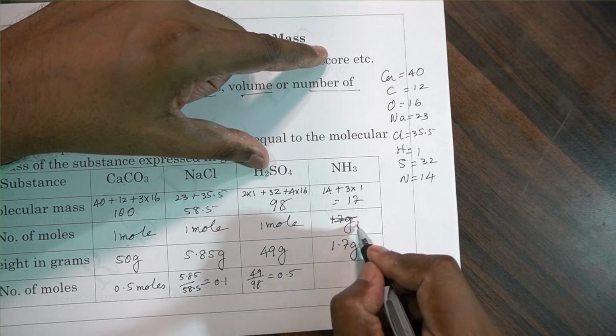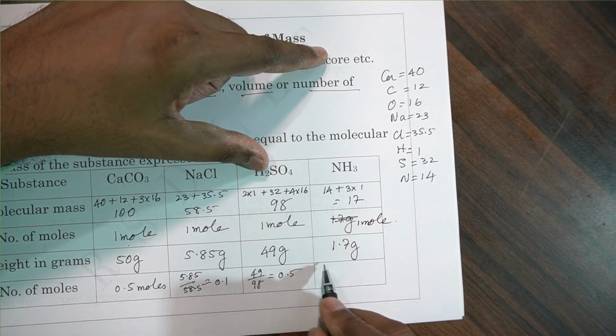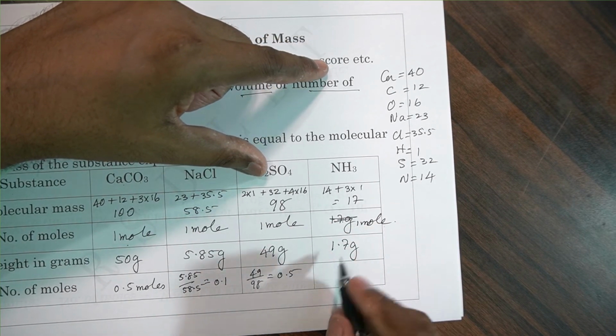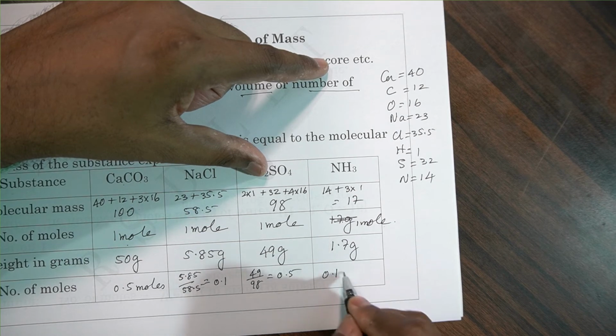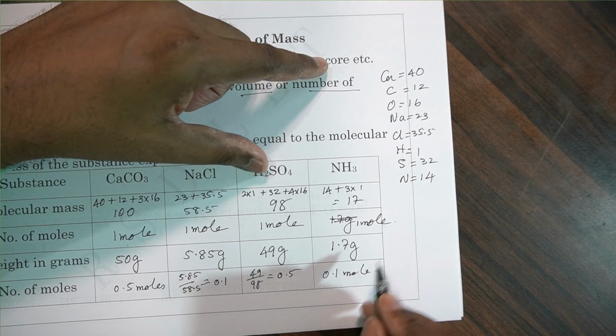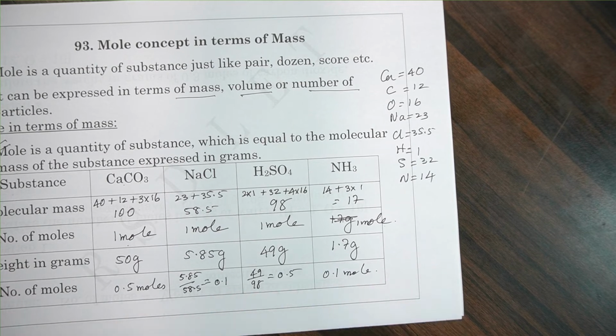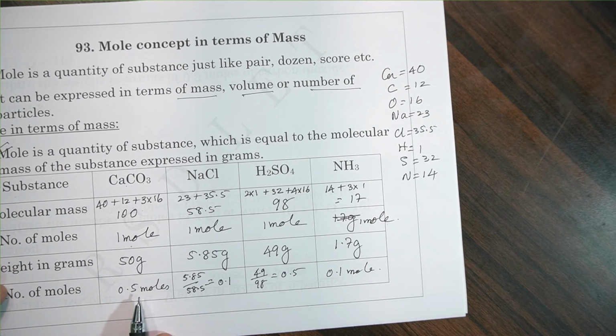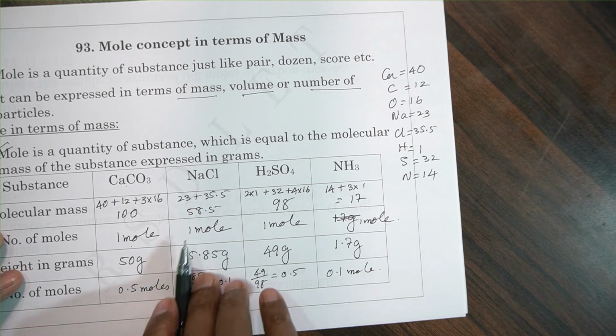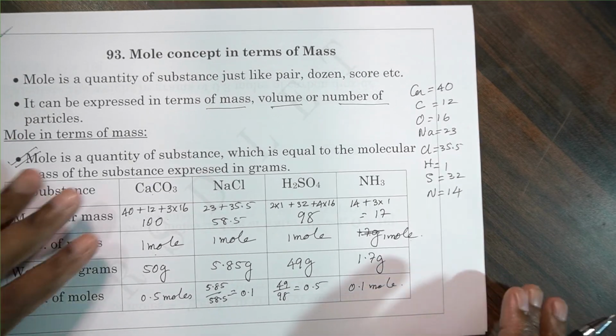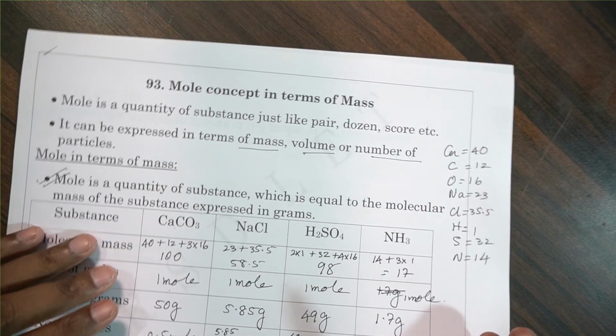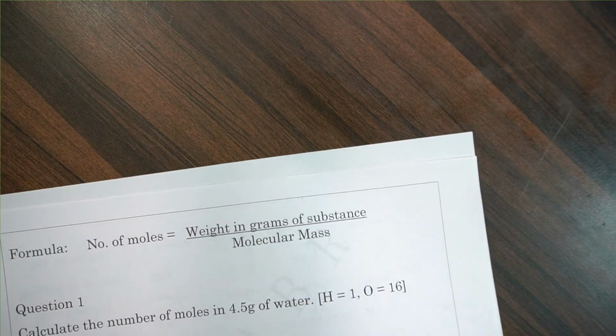So this is 1 mole. Okay, and 1.7 grams will be just 1/10 of that, 0.1 mole. Or 1.7 upon 17 you can divide and find out. So if you know the weight in grams, using the molecular mass, we can find how many moles are there in it. Okay, now let us take a formula.